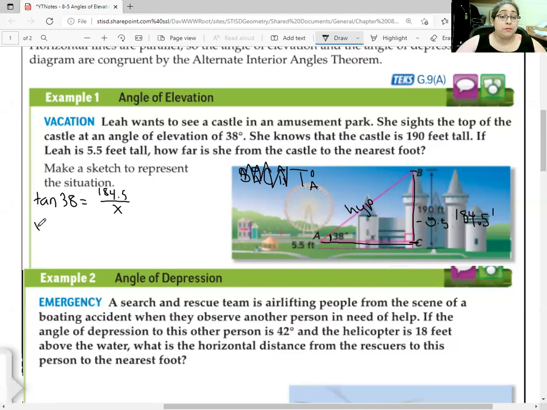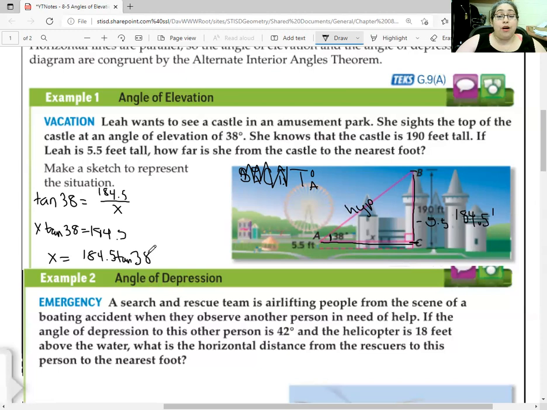I'm going to multiply both sides by x, giving me x times the tangent of 38. Since I want x by itself, I'm going to divide both sides by the tangent of 38, giving me a final value that x, the distance that Leah is standing from the highest part of this tower, is 184.5 times the tangent of 38 degrees.